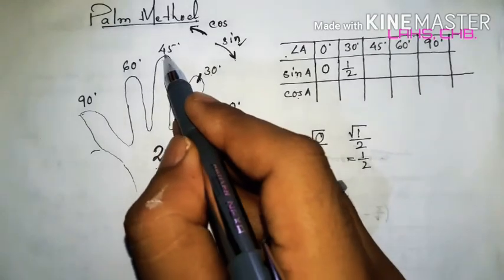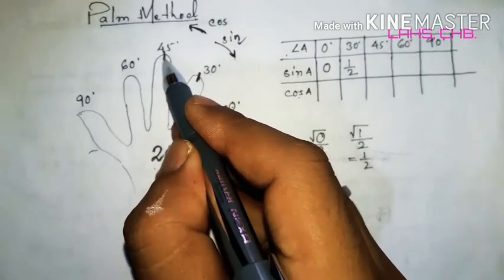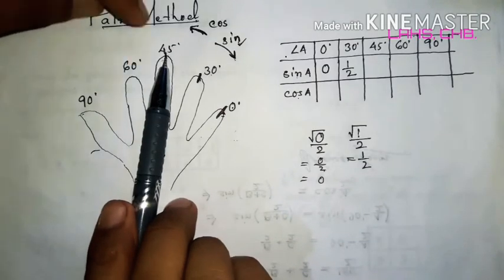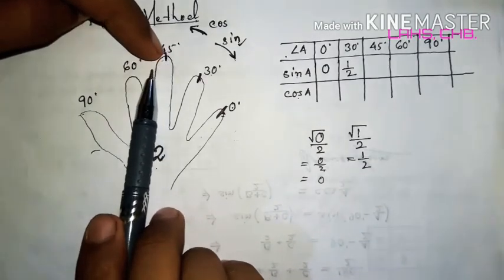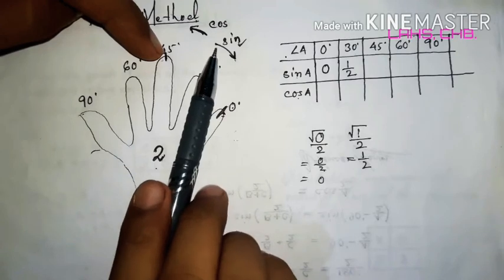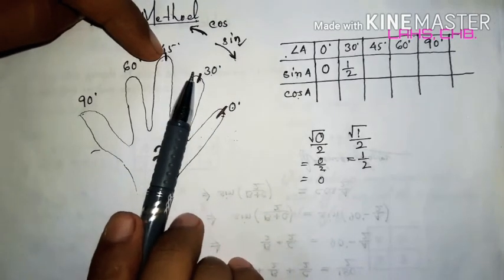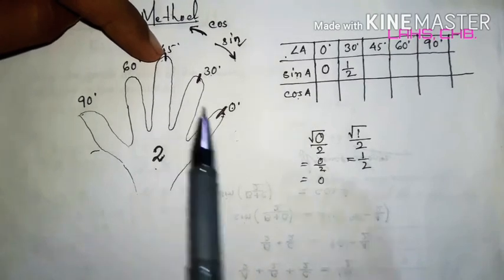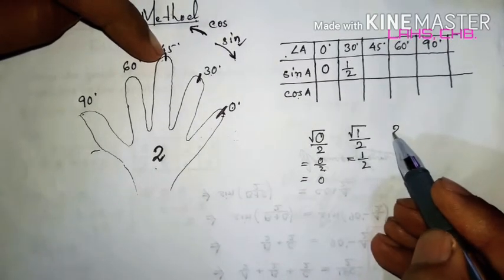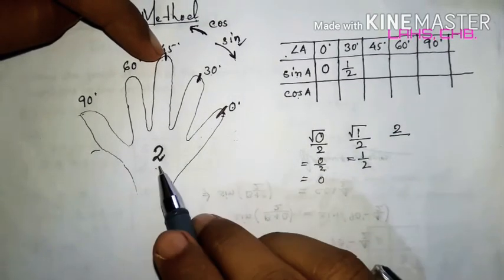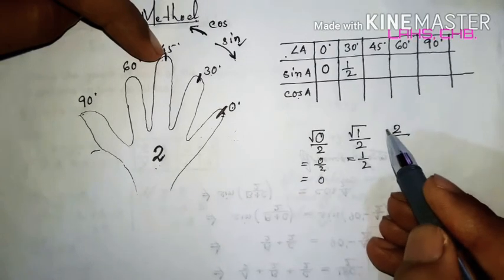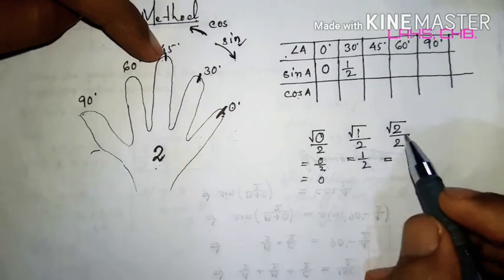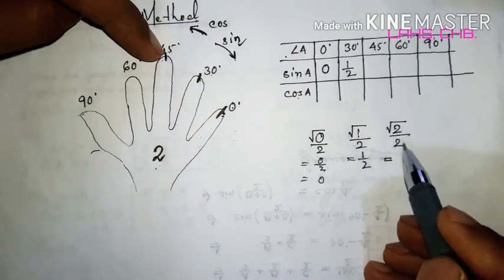Then what? Now you can easily say. Can you say what will be the value of sine 45? Yes, sine 45 is here. We need to count the fingers in this direction. See here, next to it, how many fingers are here? 1, 2 fingers are here. So you write 2 at the numerator place divided by 2. Then put a square root here. Now we got the answer root 2 by 2.